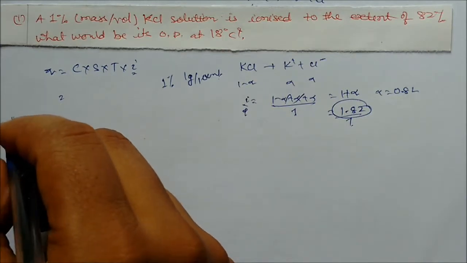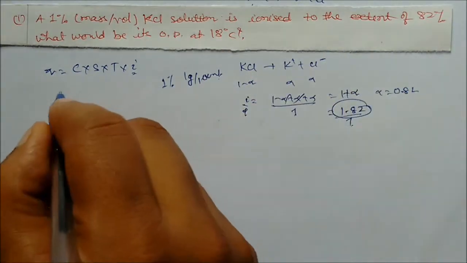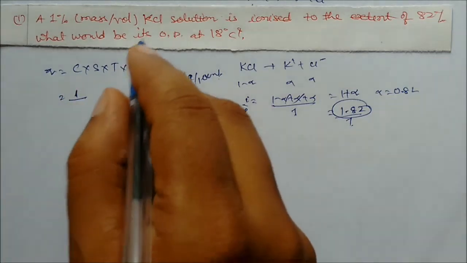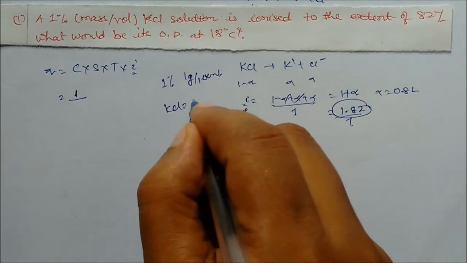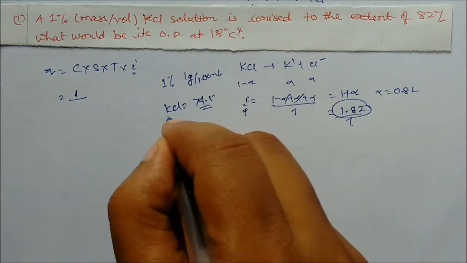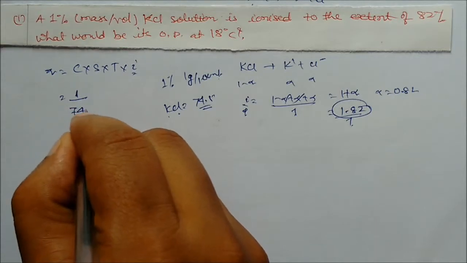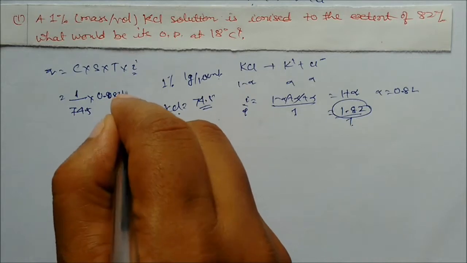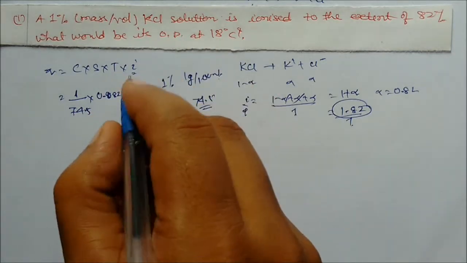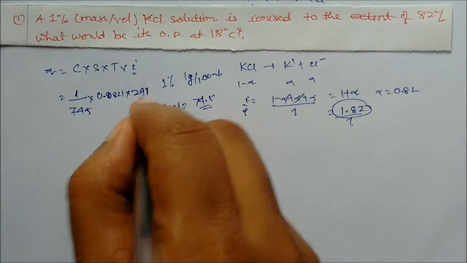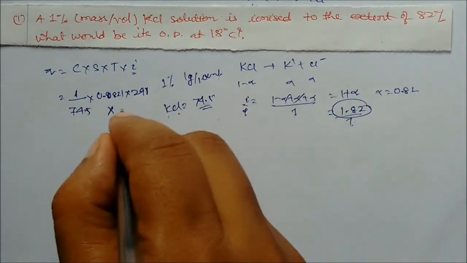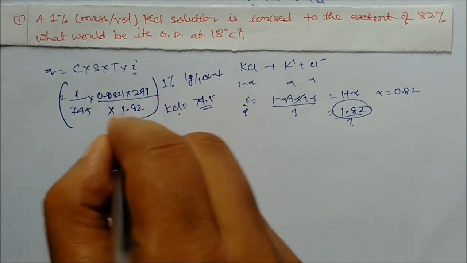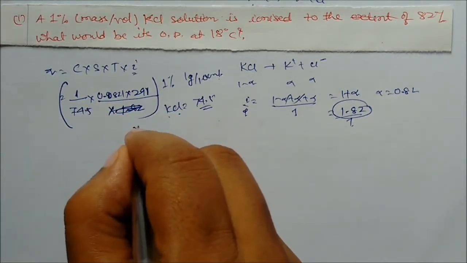So we can put n by V, where the weight is given as 1 and the molar mass of KCl is 74.5 grams, that is 39 plus 35.5. The solution constant is 0.0821, the temperature is 18 degrees, so it will be 291, multiplied by i equal to 1.82. So this is the whole equation.